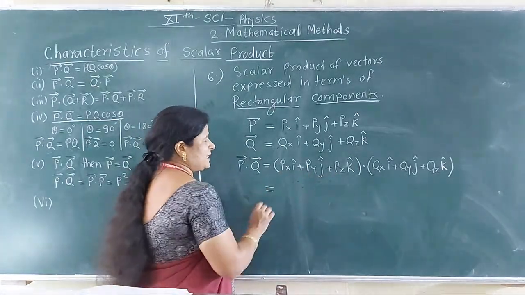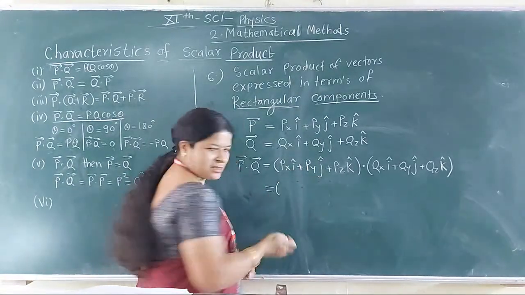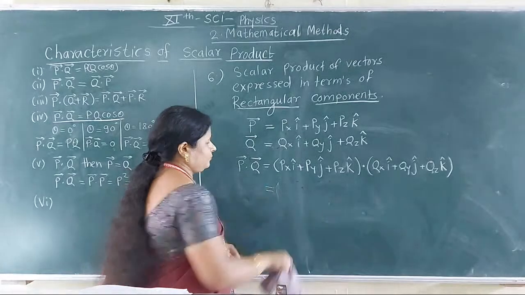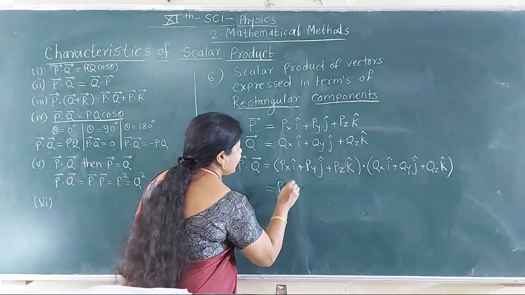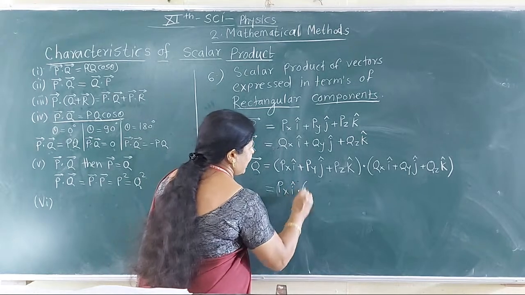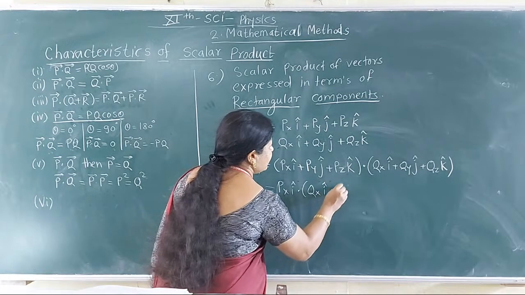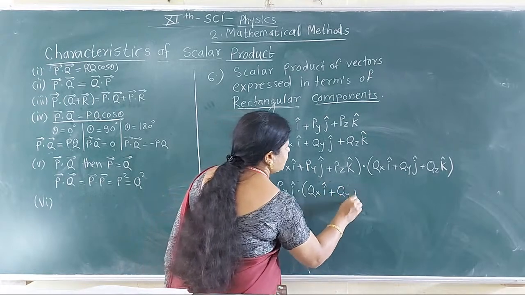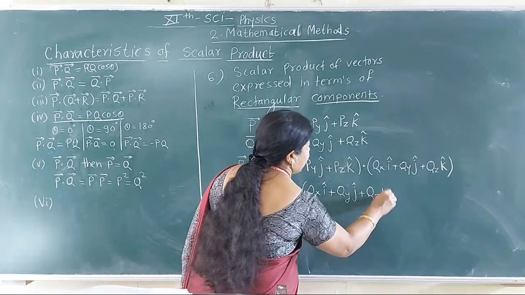Let's solve this multiplication. First, Px i cap multiplied by Qx i cap plus Qy j cap plus Qz k cap.